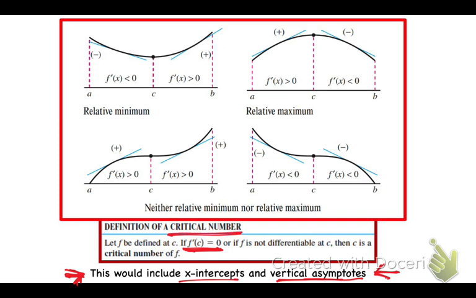Critical numbers are where the first derivative is equal to 0, x-intercepts, and what? Vertical asymptotes. And vertical asymptotes are what makes the denominator 0. So if there's no variable in the denominator, is that applying to the situation? No.